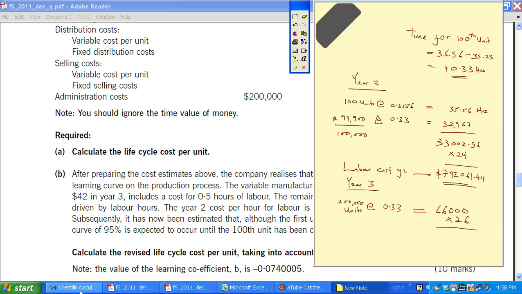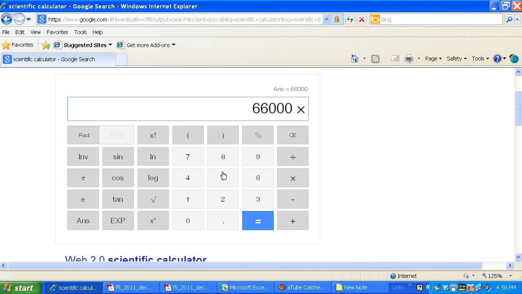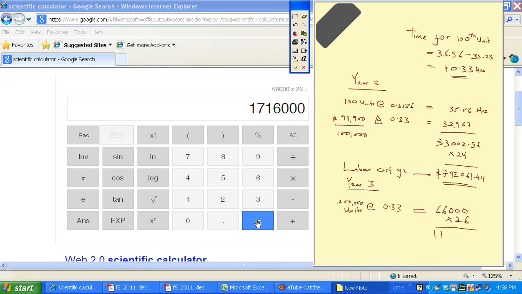So if you multiply this by 26, you can see the figure there, 1716.